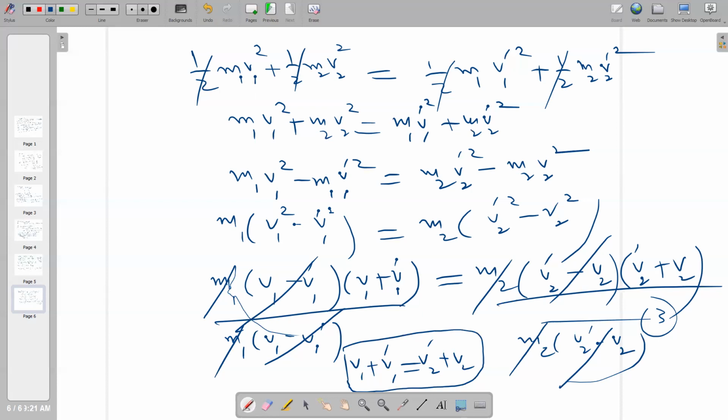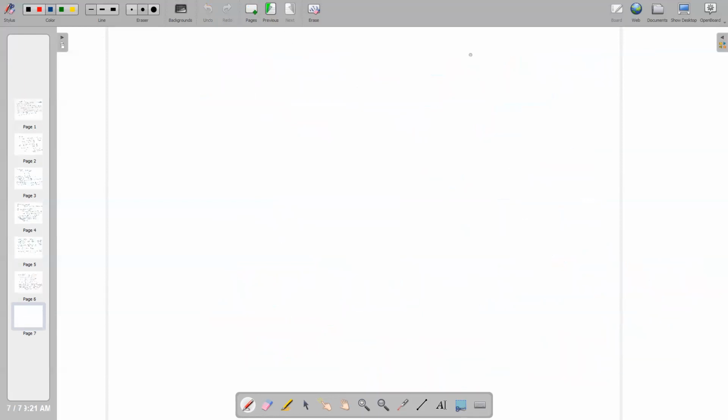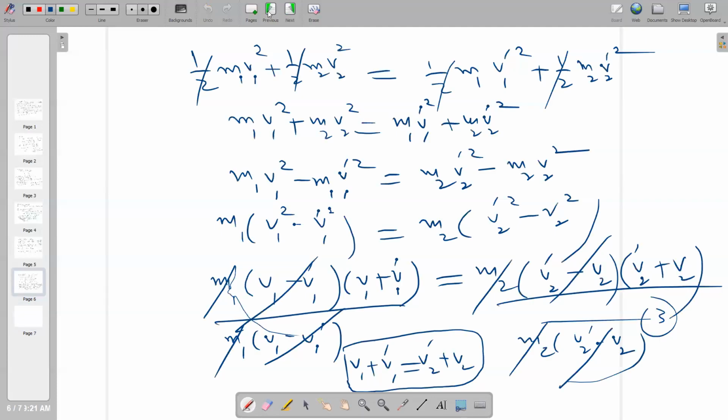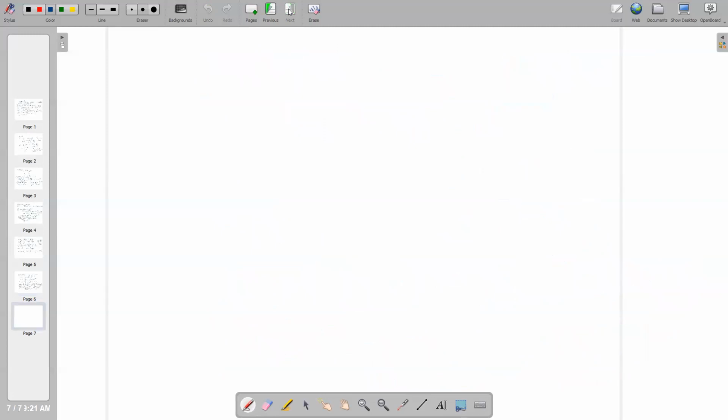I just want to tell you how the equations will come. This is my target, otherwise you cannot understand this one. Here you can see that v1 plus v1 dash is equal to v2 dash plus v2.